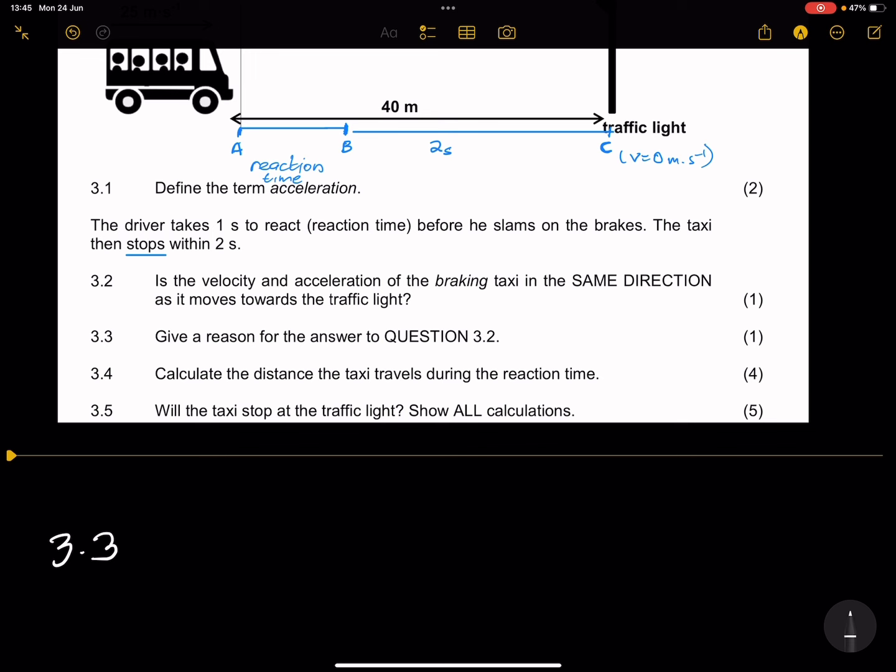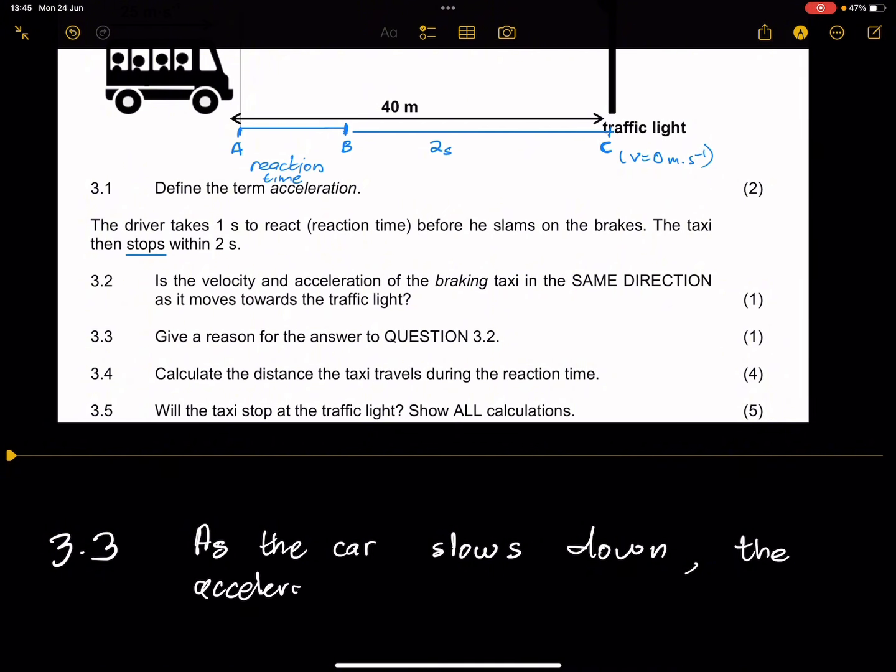Okay, we know that as the car slows down, the acceleration acts in the opposite direction, right? In the opposite direction.